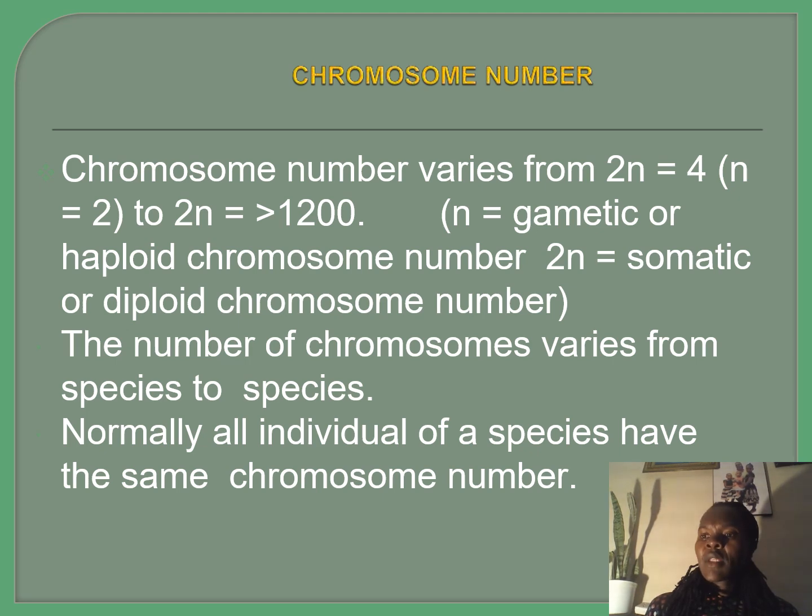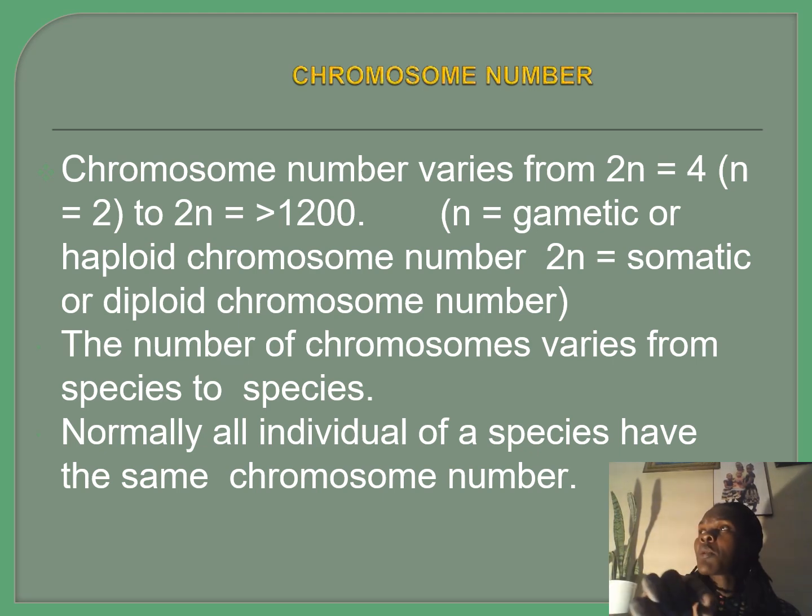But even from the cat family, if you look at the chromosome number of the cheetahs, of the lion, for example, it's more or less the same. So the dog family, the cat family, you look at it, there is a similarity. It talks much about the homologous chromosomes.